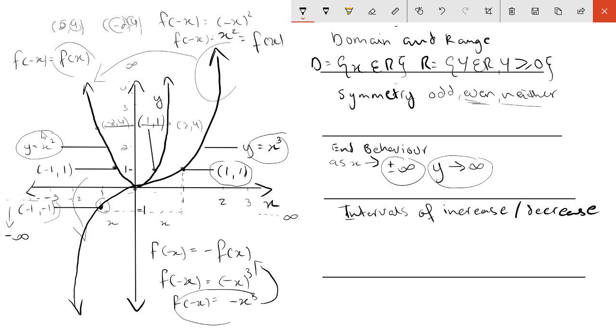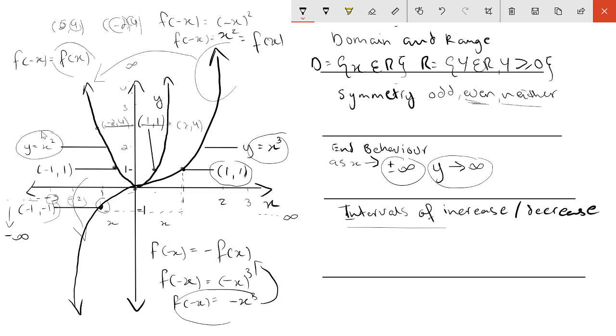And then let's talk about the intervals of increase and decrease. The intervals of increase and decrease are basically intervals of the domain where the function is increasing or decreasing as you look left to right. So if we look at the graph of y equals x squared from left to right, we're coming from negative infinity down to 0. We're at -3.